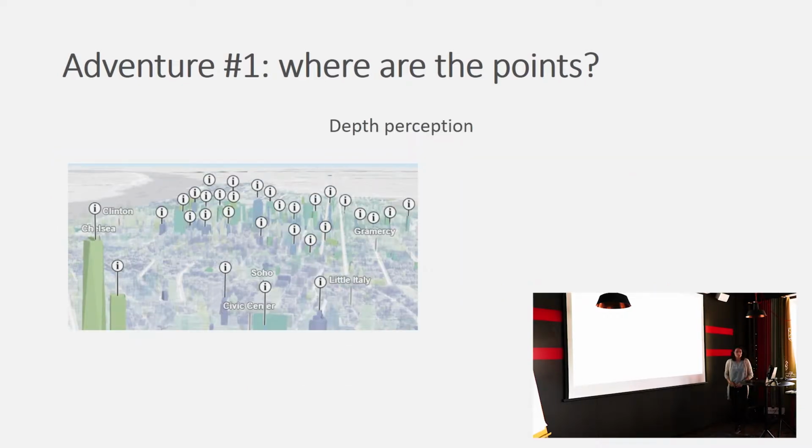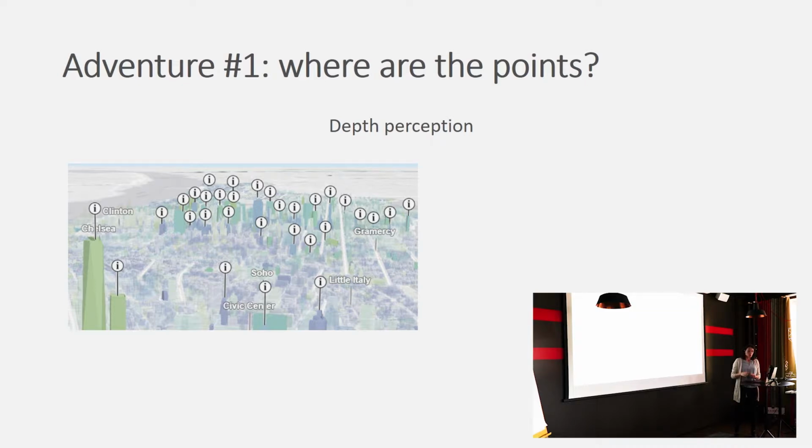And then comes the depth perception. When you look at the buildings in the distance, you tilt a little bit. These are all billboarded points, so they're in screen space, and they basically all have the same size. This is good sometimes, but for this application, I really wanted the user to know that those points are further away.